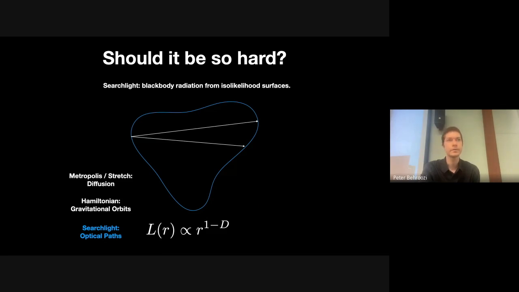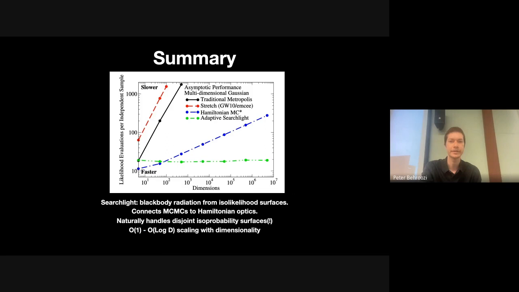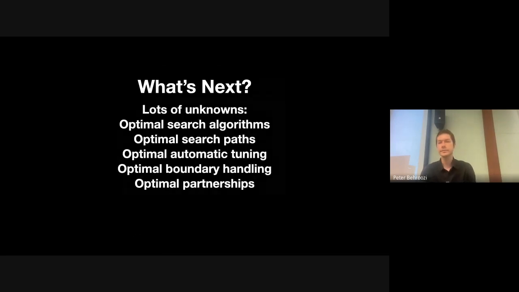But if you ask what kinds of different search paths, so now we're at the end of the hour, so I'm going to talk a little bit about what's next, because you're asking about optimal search paths. Light travels in a straight line, but there's no reason that space-time can't be curved.